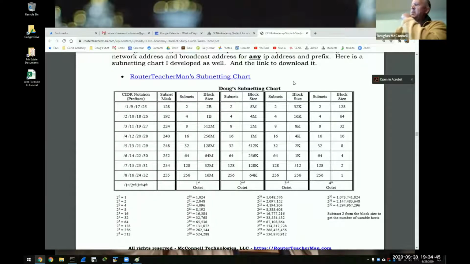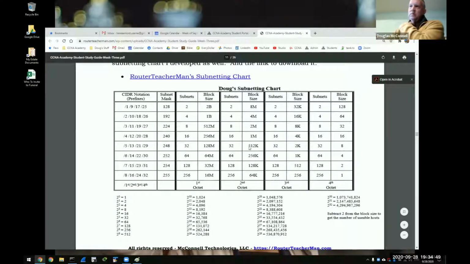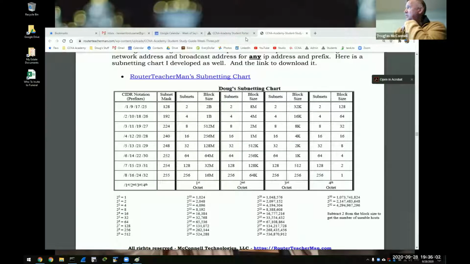First whiteboard is for you to write down all the stuff that I'm teaching you. So you'll write down this chart, simplified. You actually will not need this portion right here. You won't have to write it down.